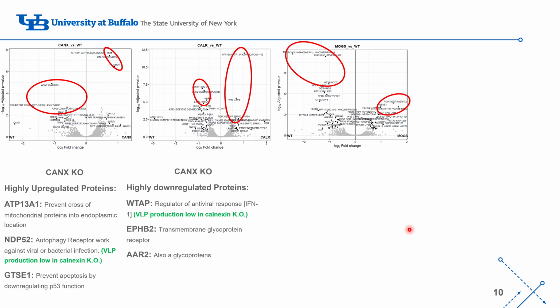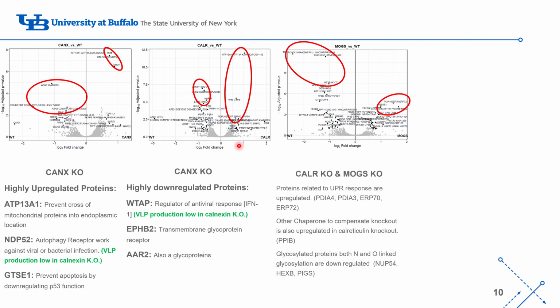Simultaneously, we did this study on the other knockouts also. In brief, in the calnexin and MOX knockouts, the proteins related to the UPR response, which is usually triggered when there is ER stress, are upregulated. Also, in the calreticulin knockout, another chaperone, PPIB, is upregulated.